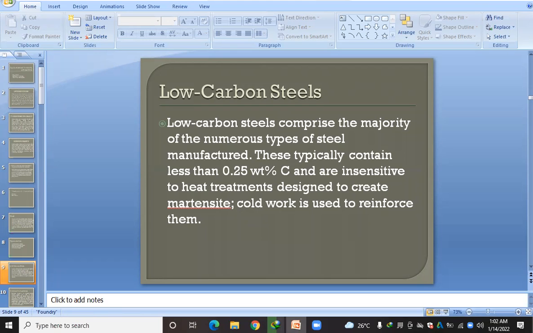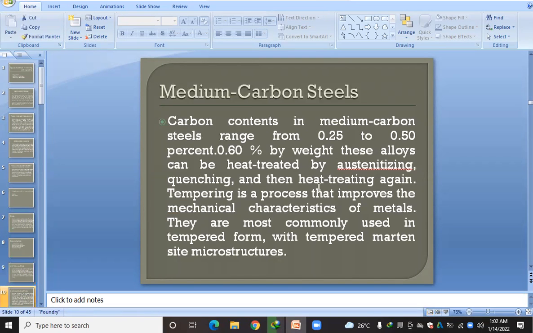Next is medium carbon steels. Carbon content in medium carbon steels ranges from 0.25 to 0.50 percent. So, while low carbon steel is less than 0.25, this one is from 0.25 to 0.50, with manganese up to 0.60 by weight. These alloys can be heat treated by austenitizing.